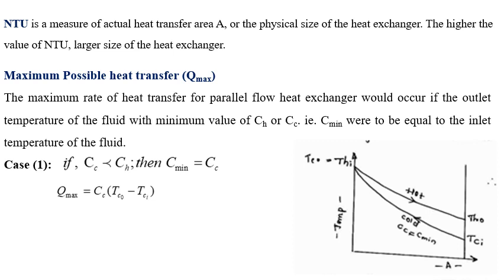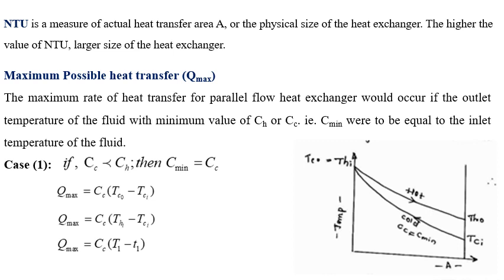So therefore Qmax is equal to Cmin into Thi minus Tci, or Qmax is equal to Cc into Tc naught minus Tci, or Qmax is Cc into Thi minus Tci, which is equal to Cc into T1 minus small letter t1.